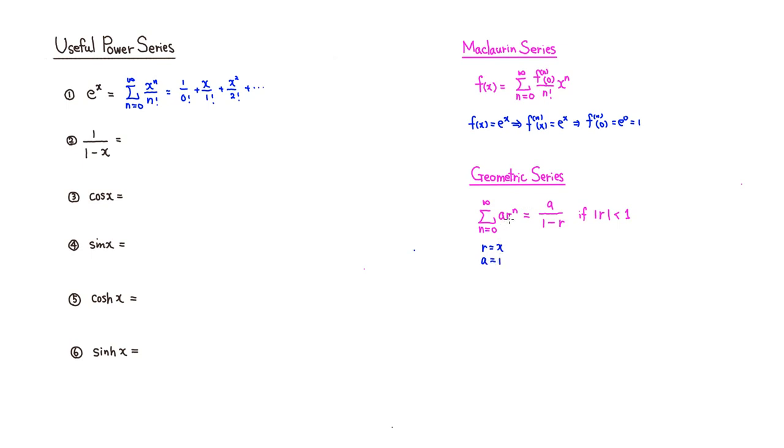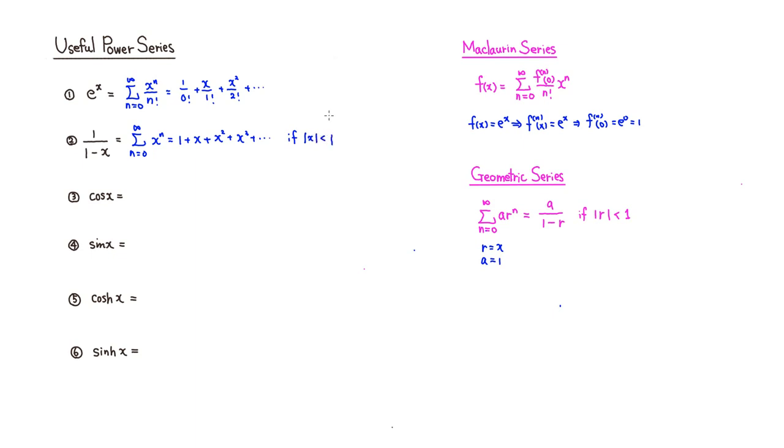So you just get the summation of x to the n, which looks like 1 plus x plus x squared plus x cubed, and so on. This adds up to 1 over 1 minus x if the absolute value of x is less than 1.